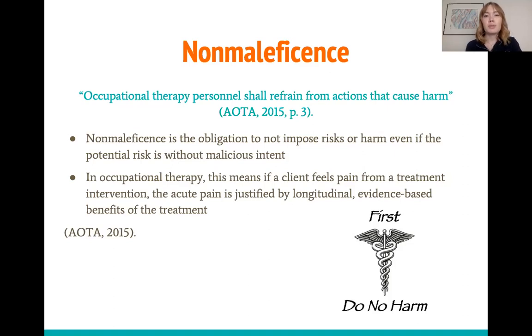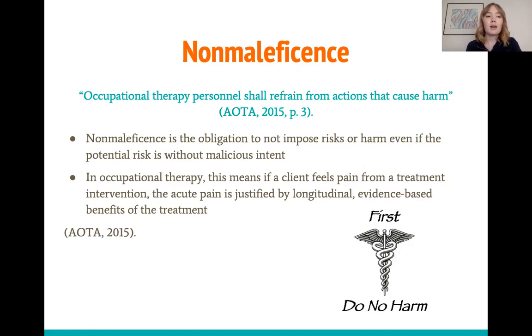Some more examples of this in practice would be avoid abandoning the service recipient or the client by making sure you have an appropriate transition when you're unable to provide services for any reason. This would be making sure that another therapist can take over or that you reschedule the client, things like that.